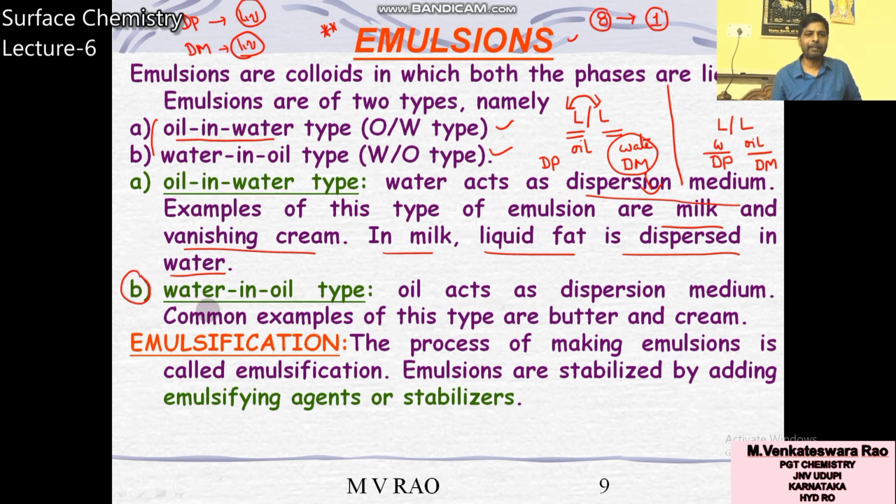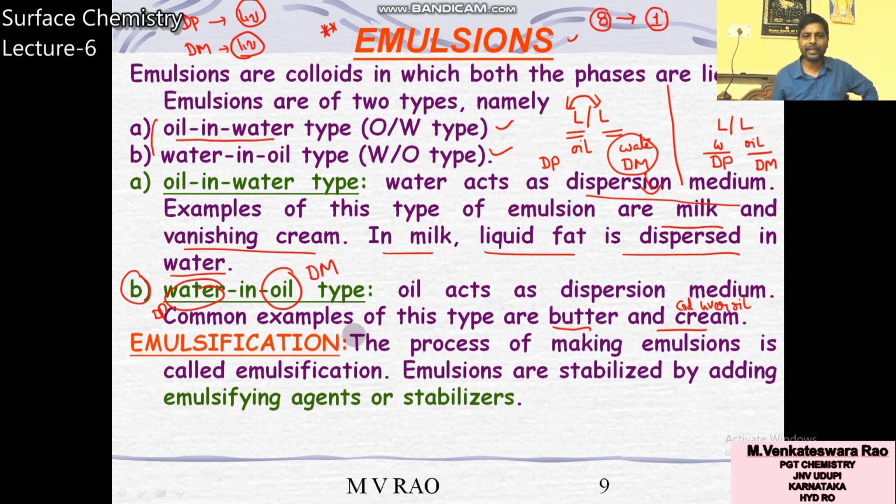The second type is water in oil, where oil is the dispersion medium and water is the dispersed phase. Common examples are butter, cream, and cod liver oil.